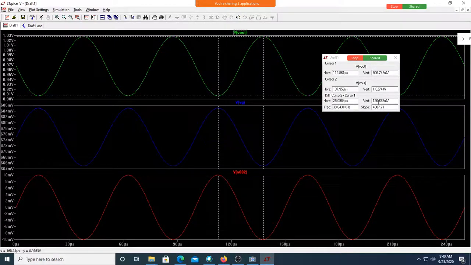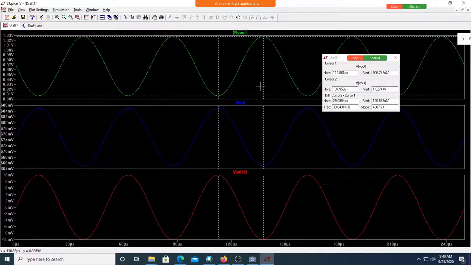Is the output peak to peak 120? There's no minus now, because that minus is the difference of this and this. So the vertical difference is cursor 2 minus cursor 1. Suppose you put cursor 2 here and cursor 1 there, then this will become minus 120. So that's how you are getting it as minus 120.